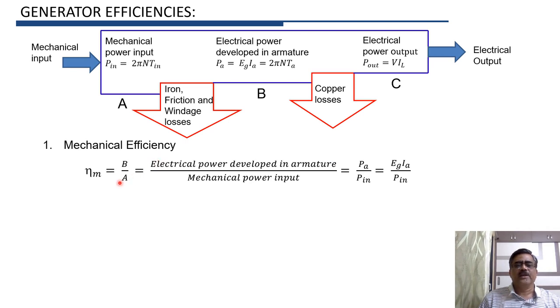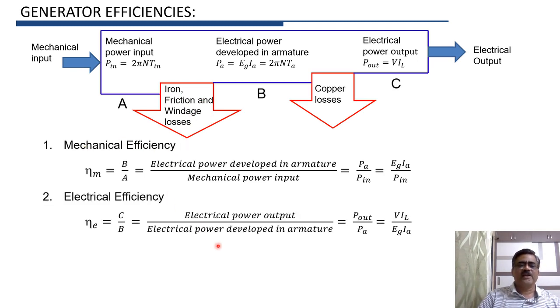It is the ratio of B to A, that is electrical power developed in armature divided by mechanical power input, that is Pa divided by Pin, or it is equal to Eg into Ia divided by Pin. So this efficiency depends on friction and windage losses, and that's why it is called mechanical efficiency.